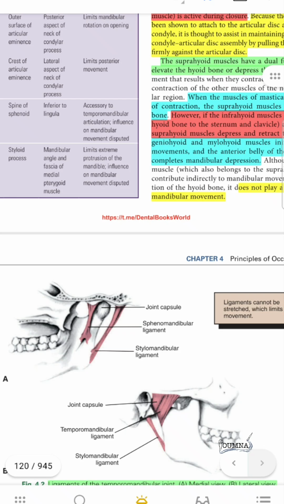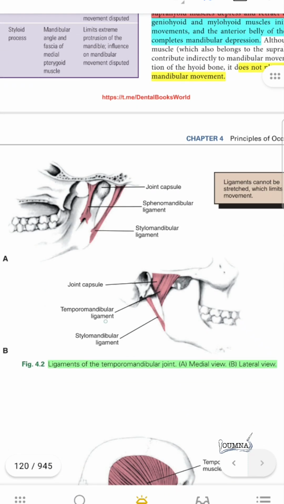The stylomandibular ligament restricts the protrusive movement of the mandible, and the temporomandibular ligament restricts the protrusive movement of the mandible and helps in the gliding transition of the joint.